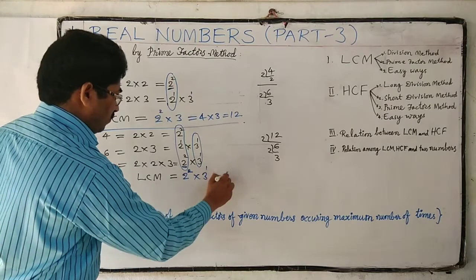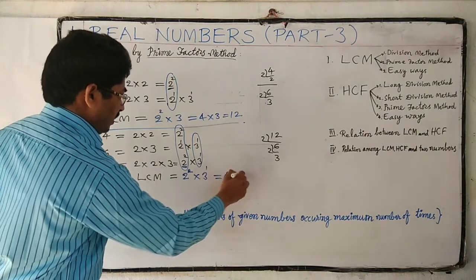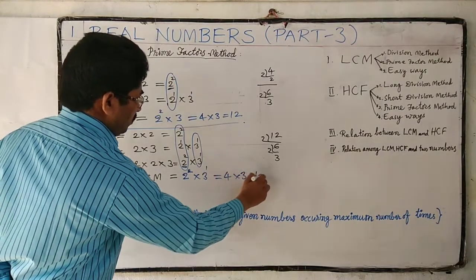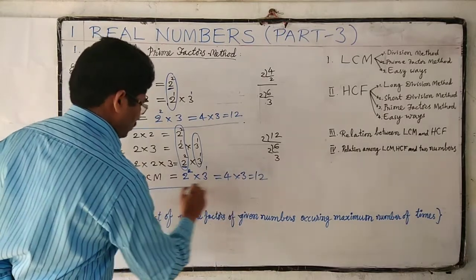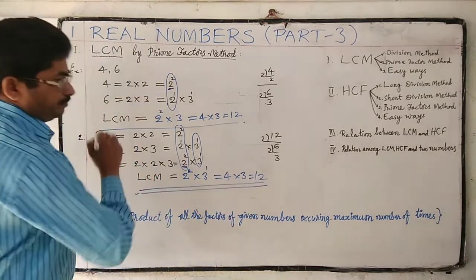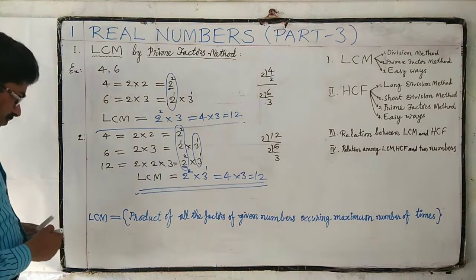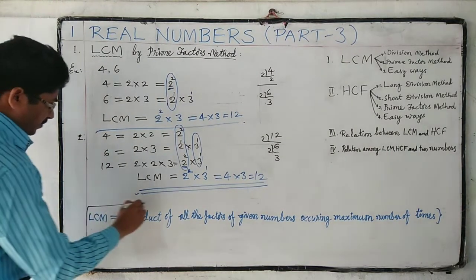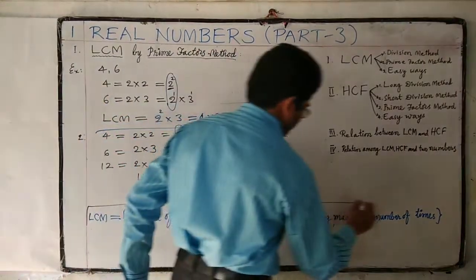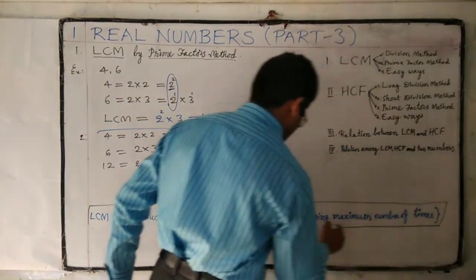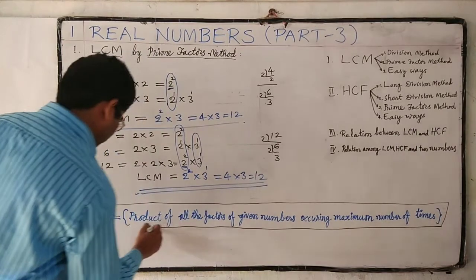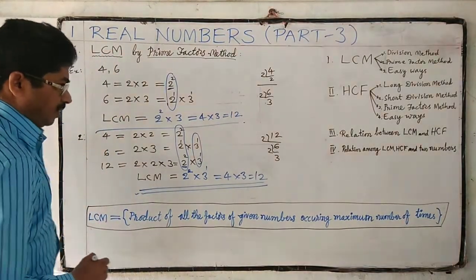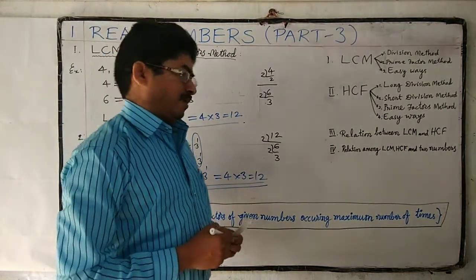So 2 2s are 4, 4 3s are 12. So this is the LCM. We have to remember the concept. LCM is equal to product of all the factors of given numbers occurring maximum number of times.